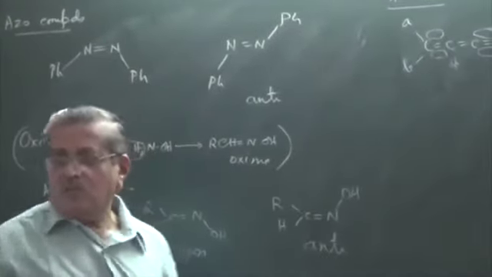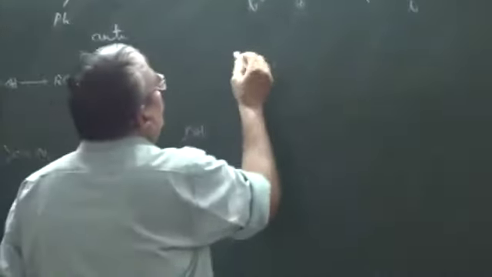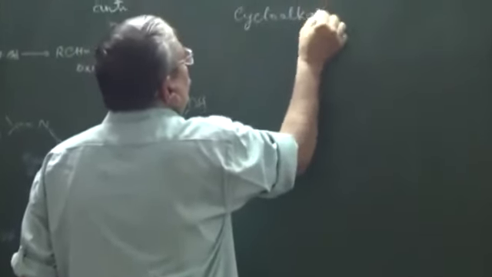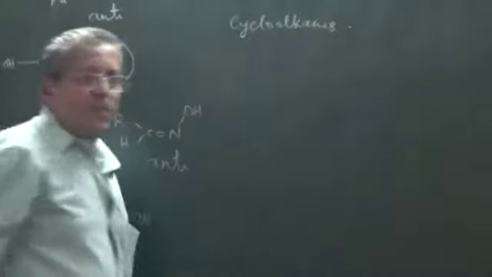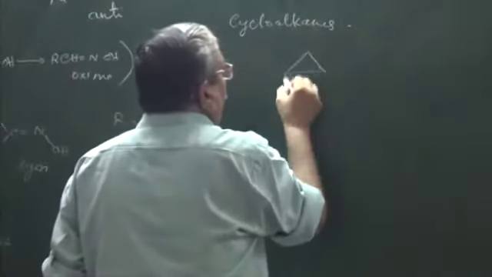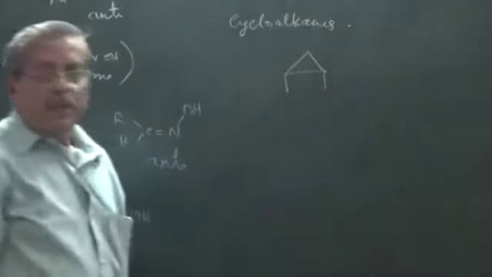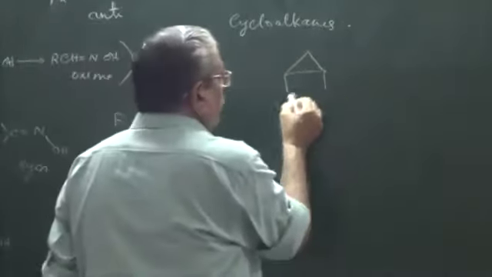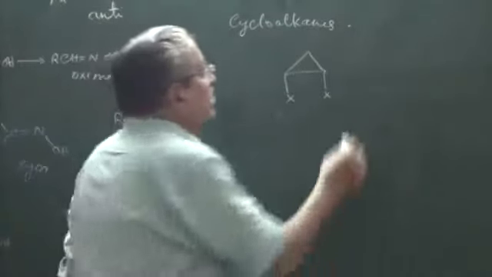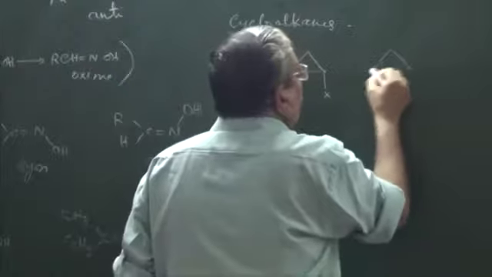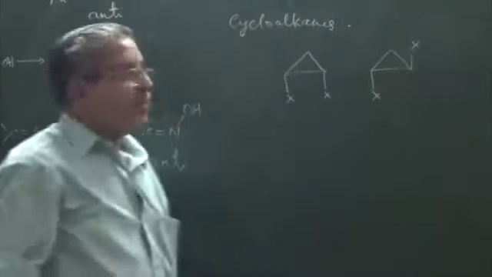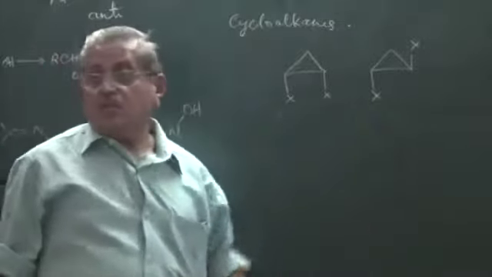They are geometrical isomers. Then, take another one, cycloalkanes. Now, cyclopropane, for example, is linked to X and X. One is cis, another is trans.